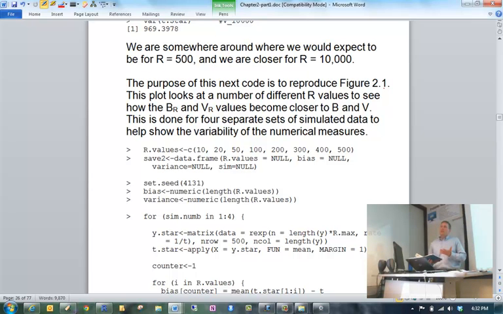And what you would expect is that as R increases, the bias is going to, in a non-statistical term, calm down, its variability is going to get smaller, smaller, smaller, and go to where it should be. And so the plot begins with, well, what if I took R equal 10? What if I took R equal 20? Then R equal 50? And you can see that eventually, once you get to about 500, it seems like things are getting closer and closer and closer. And you're starting to get a more reasonable estimate for what the bias would be.